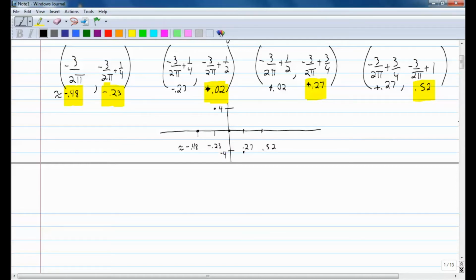And at the last significant point you cross. So that's a rough sketch of y equals 4 sine 2 pi x plus 3. Like I said, that's the toughest problem on the test.